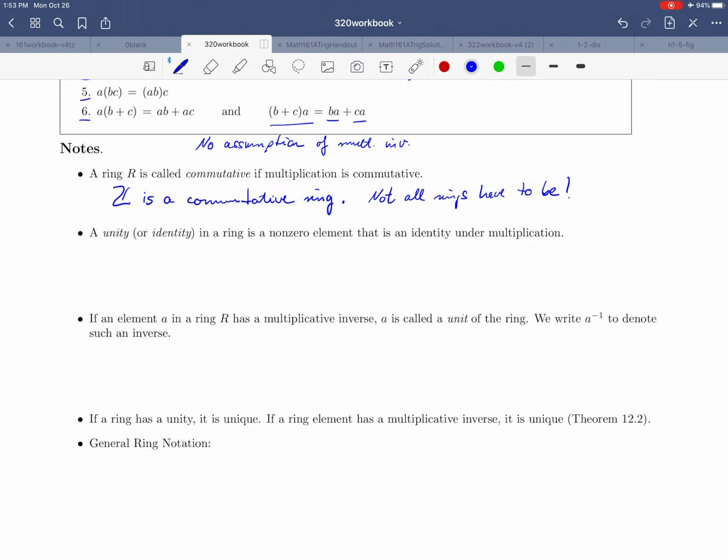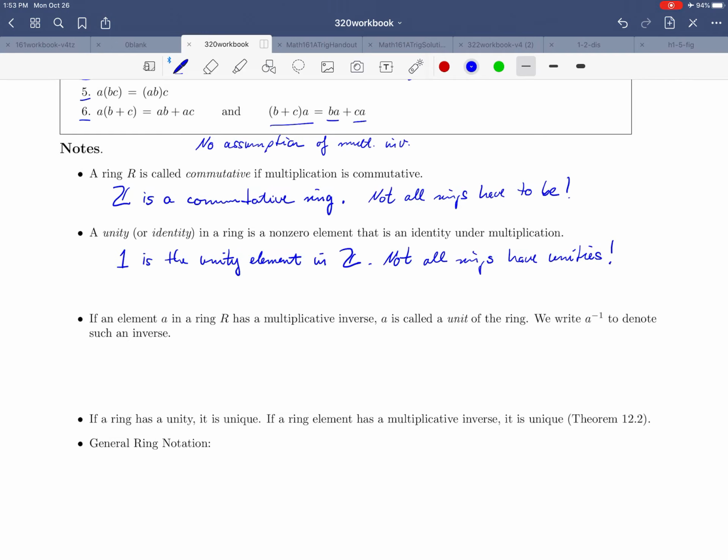In our ring of integers, we did have a multiplicative identity, 1, and so 1 is the unity element in Z. And again, not all rings have unities. We always have additive identities, but not necessarily multiplicative ones.